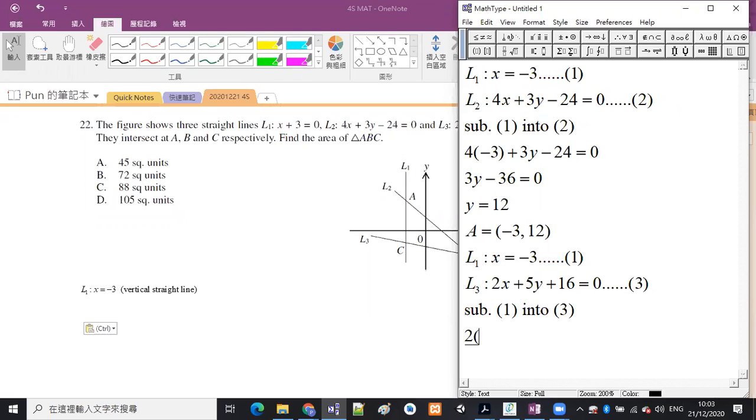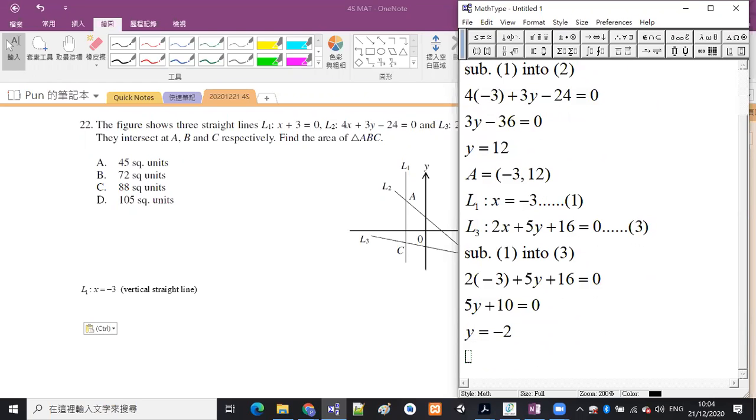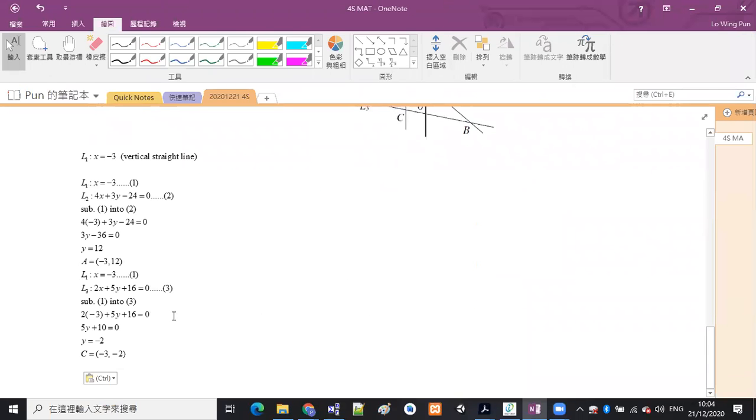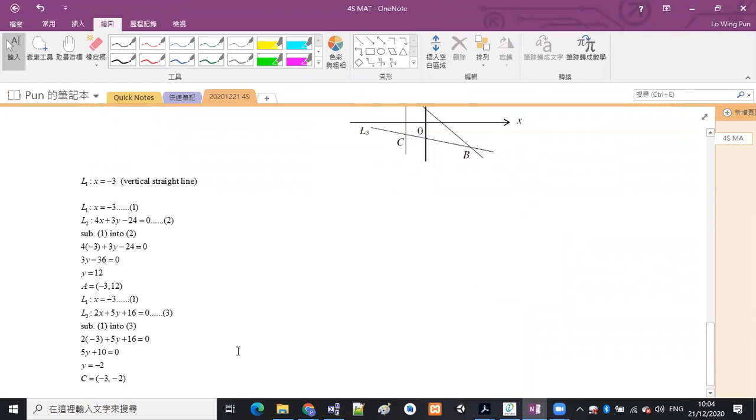So 2 times -3 plus 5y plus 16 is equal to 0. Okay, 5y plus 10 is equal to 0, and then y is -2, which means that point C coordinates will be -3 and -2. Let me copy, paste here first. So we will have point A and point C to be -3, 12, and -3, -2 now.